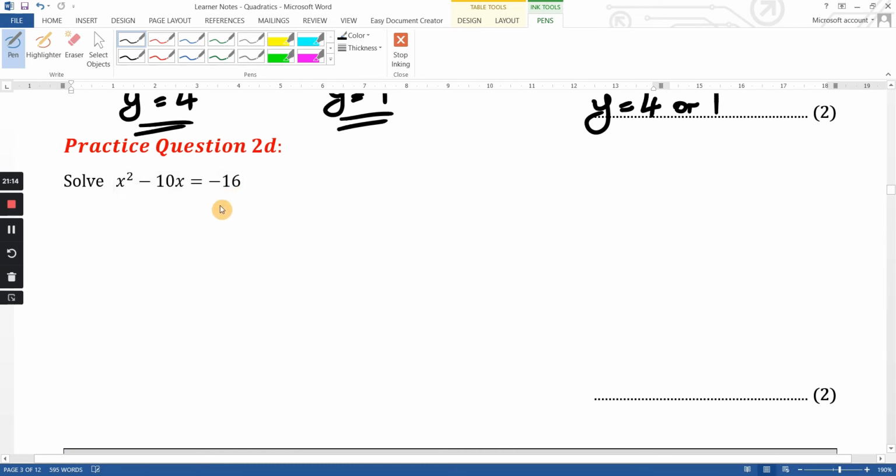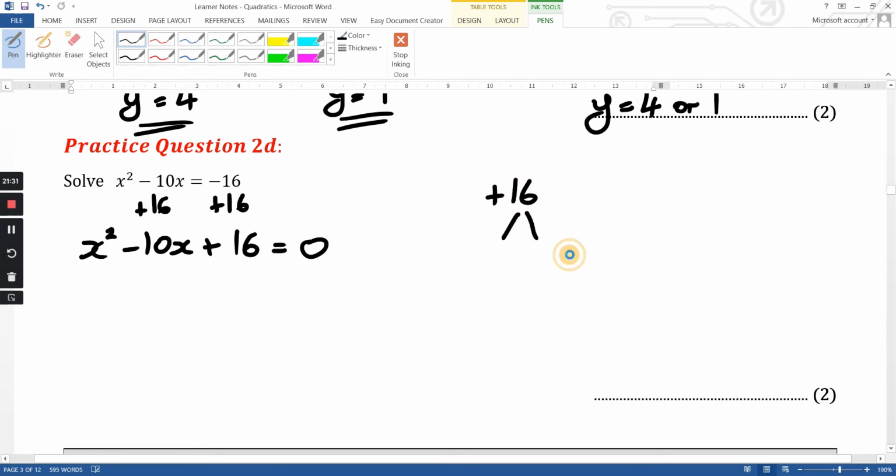Again, I'm going to have to rearrange this. I'll need all my 3 terms on one side. So I'll get x squared minus 10x plus 16 equal to 0. I need a positive 16, and I'm going to need a minus 10 here. What's going to work? 8 and 2, definitely.